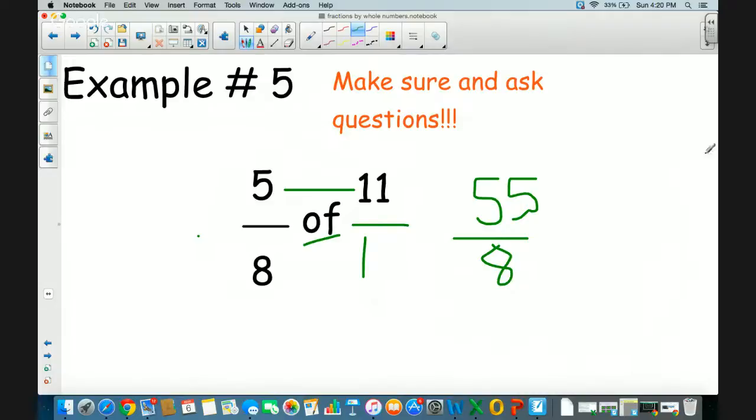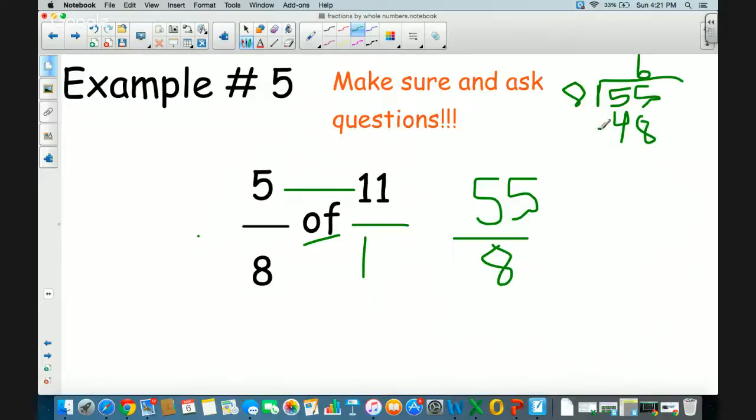So 55 over 8 is improper. We're going to change that into a mixed number. So 8 will go into 55 6 times. That equals 48.